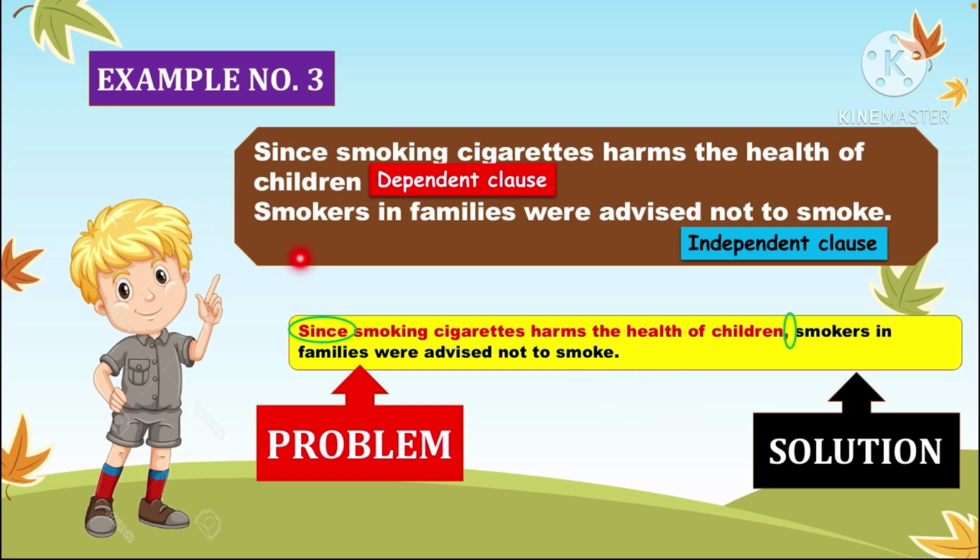So in here, you see the subordinating conjunction since and the comma, which separates the dependent clause and the independent clause.